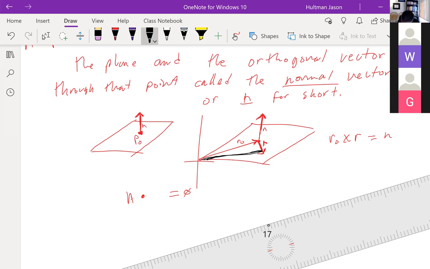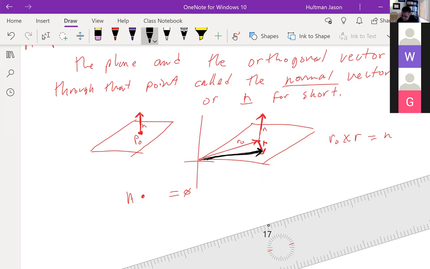You know what that vector is? Any ideas? In terms of R naught and R, what would that vector be? R naught plus R? No. Is it R minus R naught?